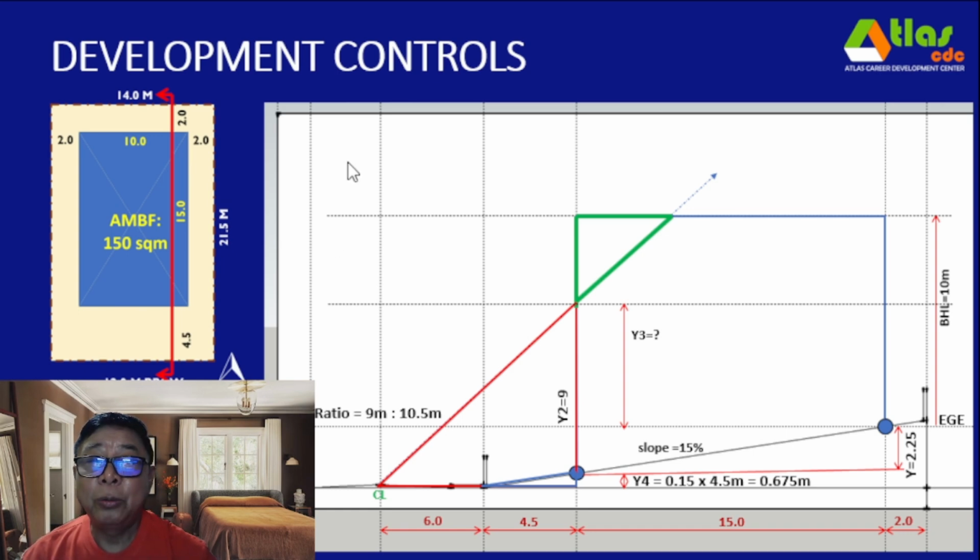Our y3 therefore here will be this total height of 9 meters minus this dimension of 2.25 and minus this dimension 0.675.